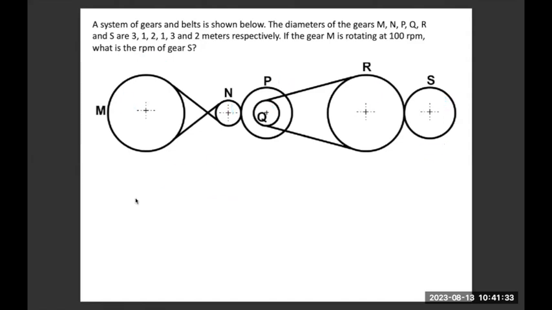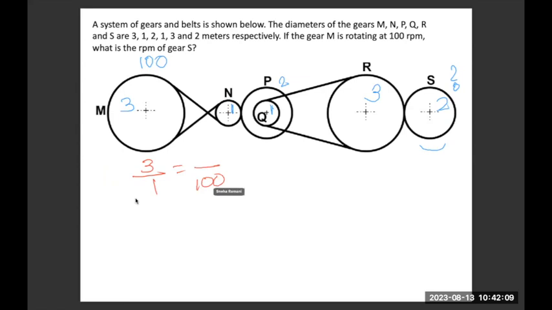So in this case, I'll first start with between M and N. So the radius is 3 by 1. M is 3. And so M upon N I'm doing, okay? 3 upon 1 is equal to the rotation of 3, which is M, is 100.